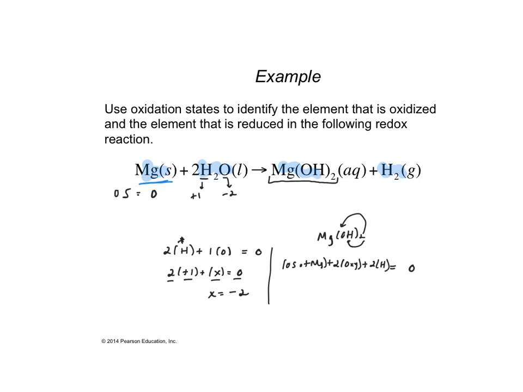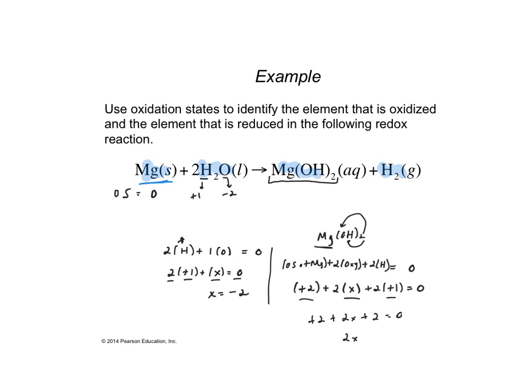Between magnesium, oxygen and hydrogen, magnesium is a group 2 metal, so it's going to be the most predictable. That comes back to that rule 4. It's got a +2 oxidation state. Then for oxygen, we will leave that one, that's the least predictable of these three. Hydrogen comes next. It's got a +1. So oxygen is going to have an oxidation state dependent on these two. Right now we've got a +2 plus 2x plus 2 times +1, which is a +2.